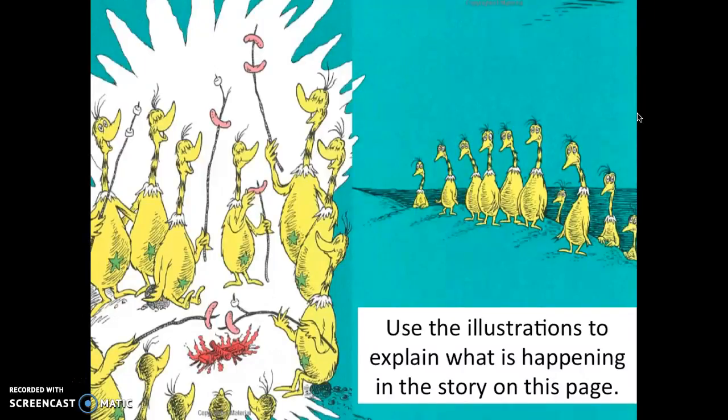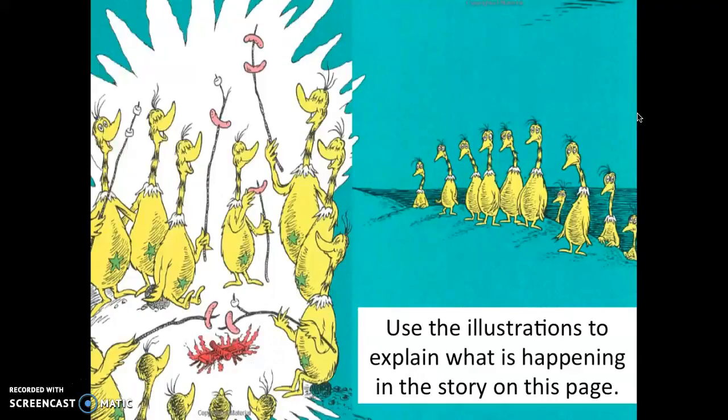Boy, oh boy, I don't know about you, but as I look at these illustrations on the left, I see the Sneetches with stars on their bellies having a great time roasting marshmallows and hot dogs. I think Dr. Seuss actually uses the word frankfurters instead of hot dogs, but they're happy and joyful and having a good time.